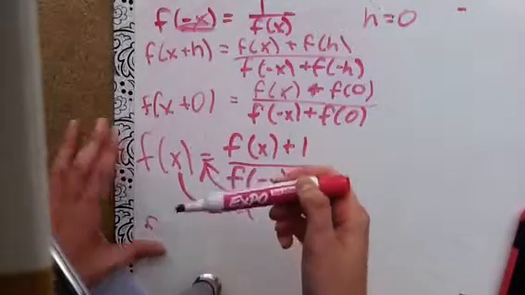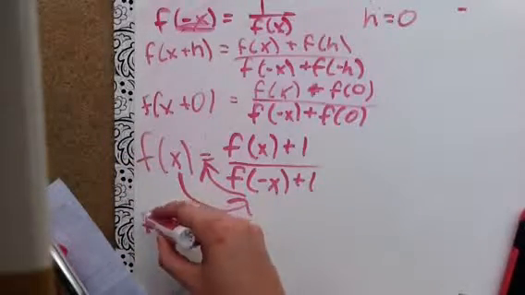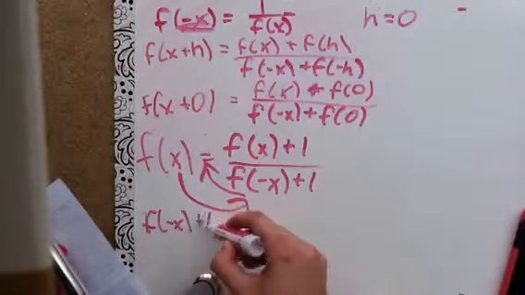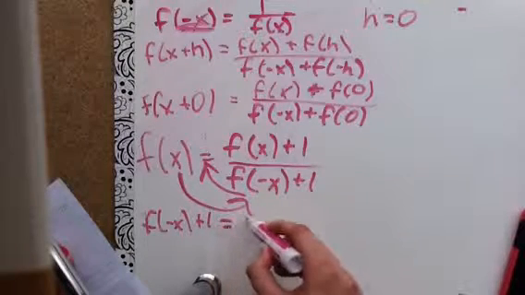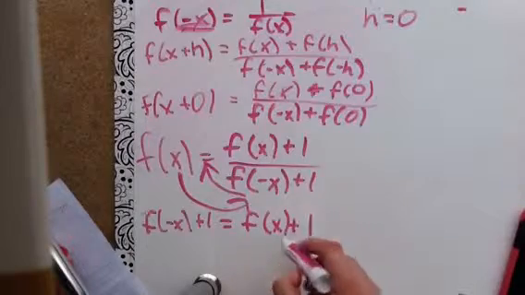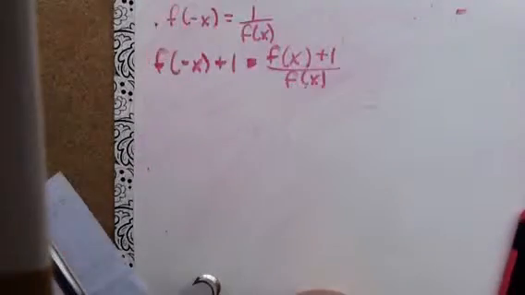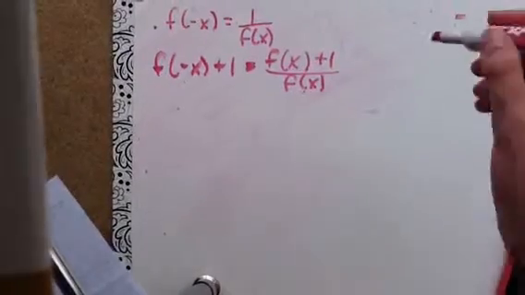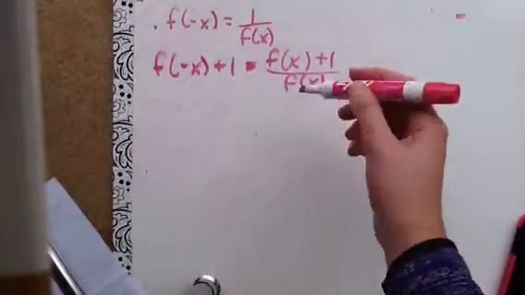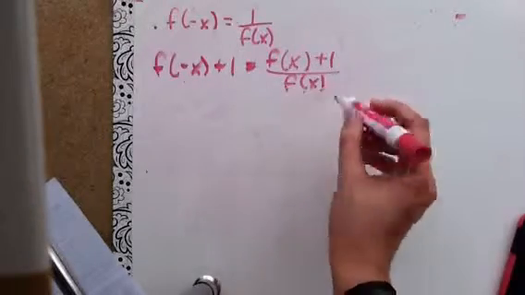Therefore, it'll look kind of like f of negative x plus 1 equals f of x plus 1 over f of x. From this point, this part right here, you can put f of x under both of them.